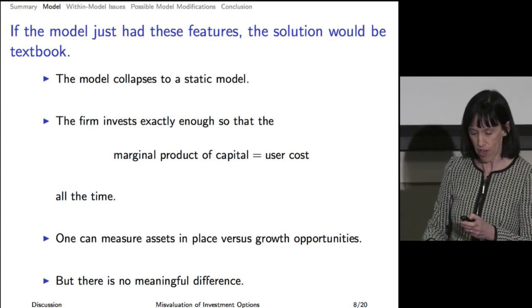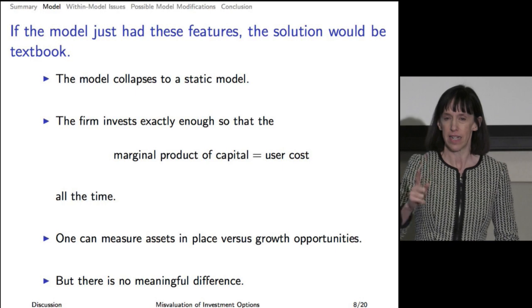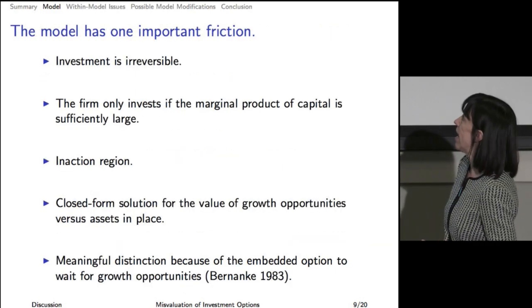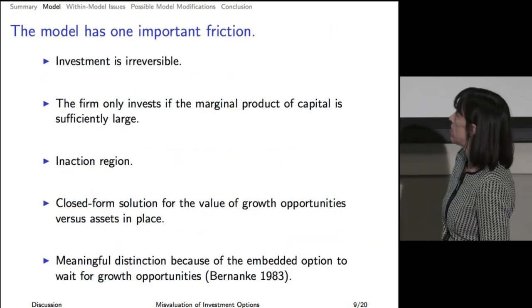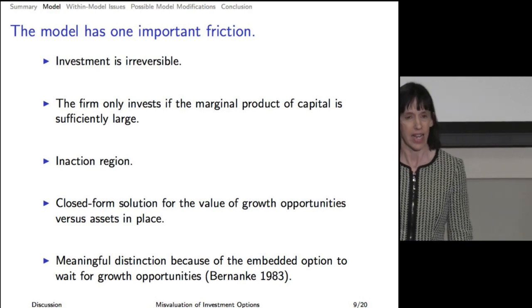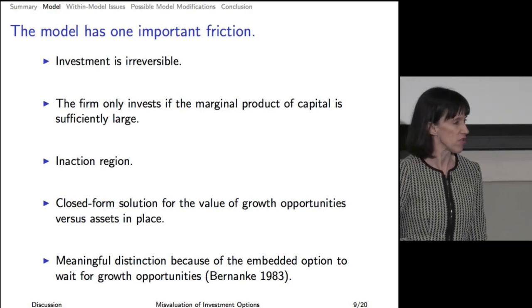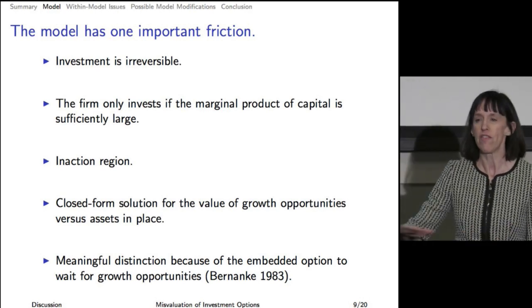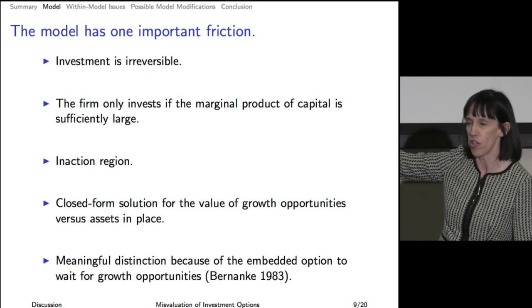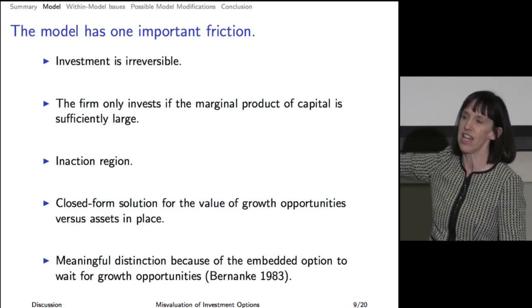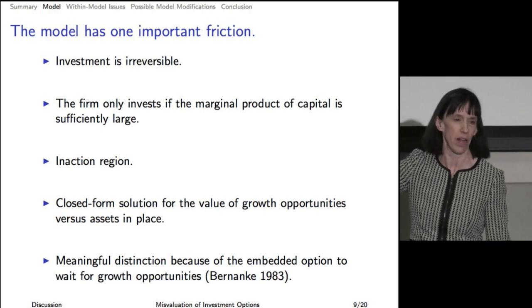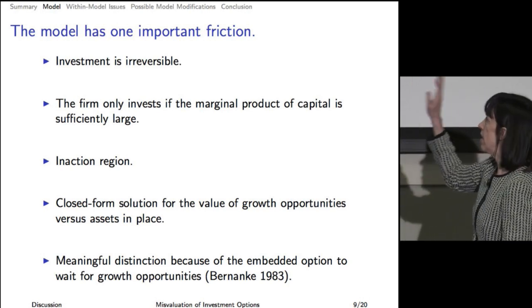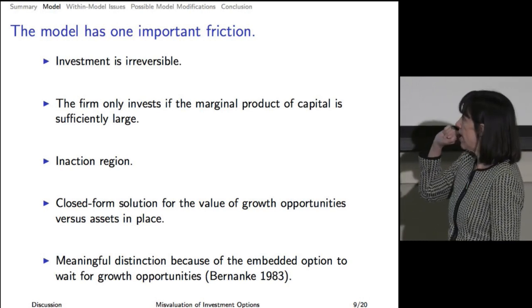But there's one friction in the model which makes this decomposition meaningful, and that is they put irreversibility in there. As is standard in an irreversible investment model, you don't invest for a while until that marginal product gets high enough. And then you take the plunge and invest. So there's an inaction region.